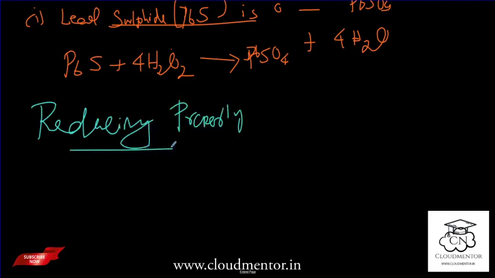Due to the electron donating property of H2O2, it also acts as a reducing agent in acidic as well as in alkaline media, and proceeds like H2O2 giving O2 plus 2H+ plus 2 electrons, and H2O2 plus 2OH- giving 2H2O plus O2 plus 2 electrons.